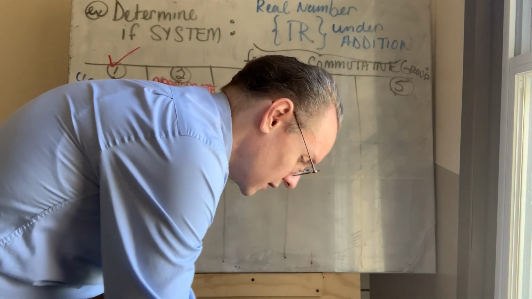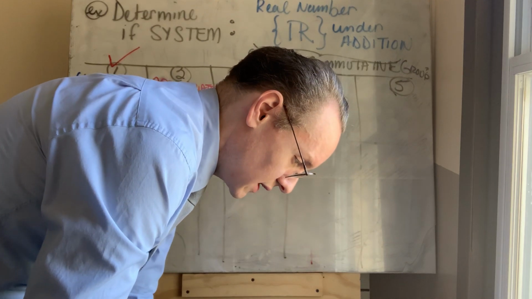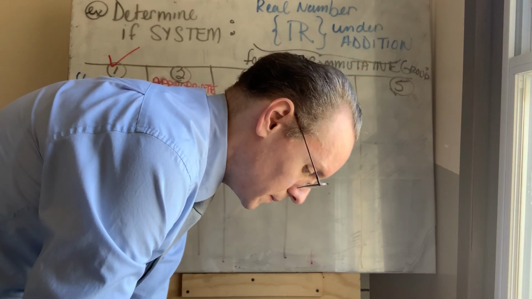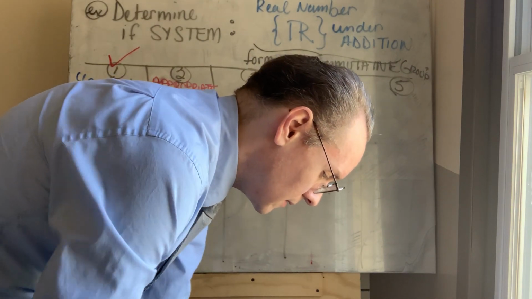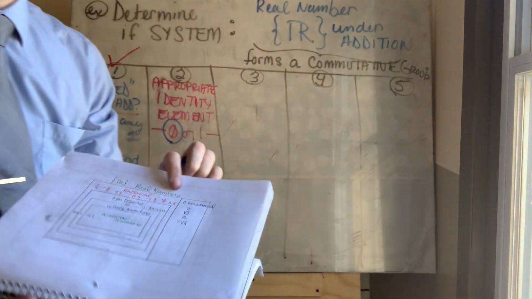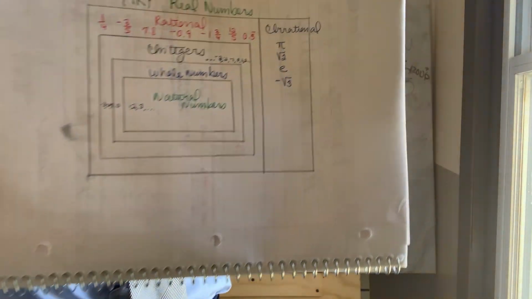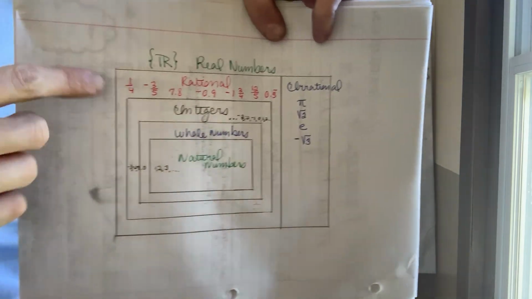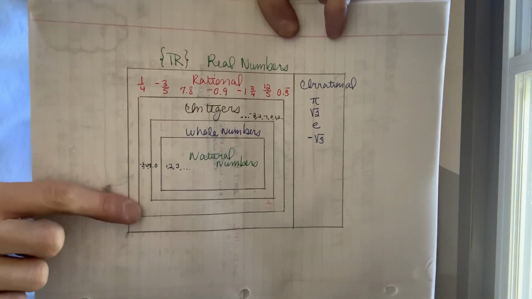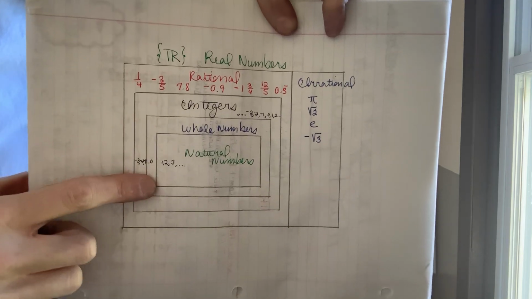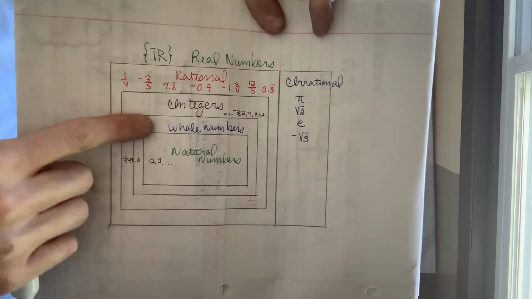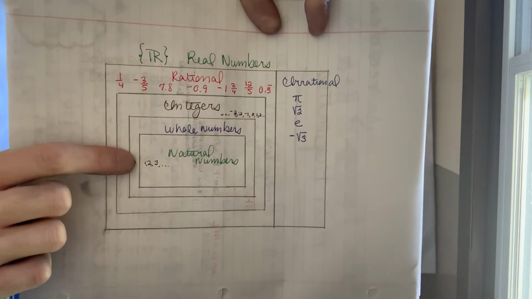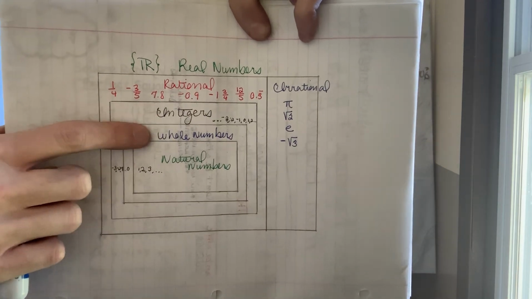Let me show you that diagram once again, just for the sake of analysis. Here's your real numbers, this entire area. Although I didn't write the number 0 up here, a real number is also a whole number, and 0 is part of the list of whole numbers.